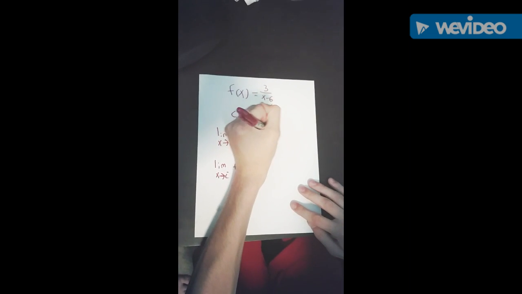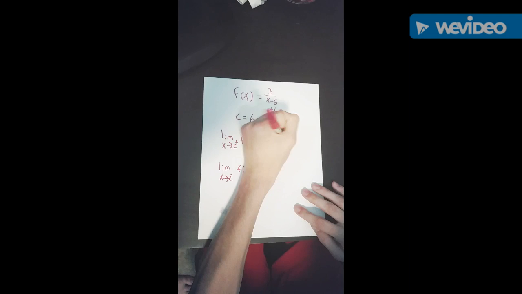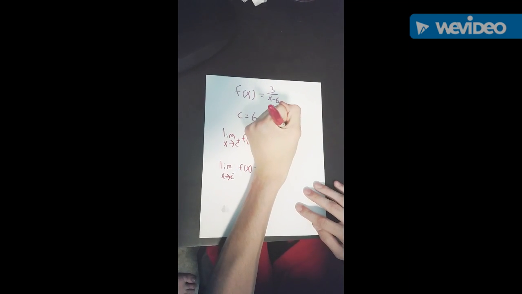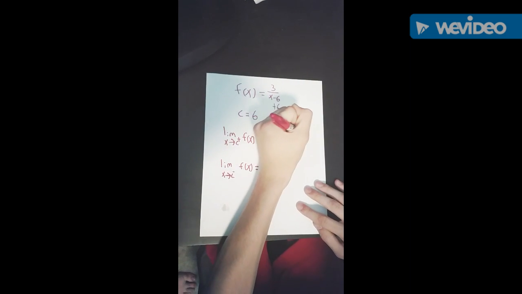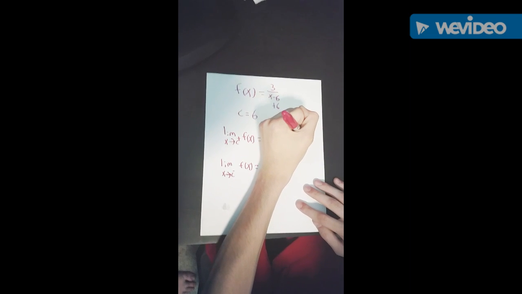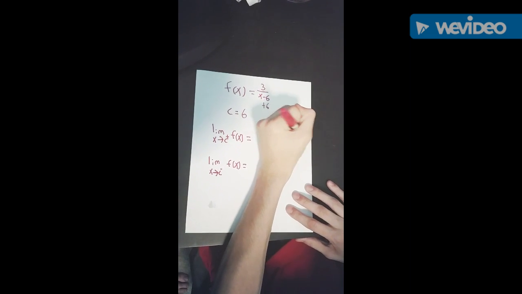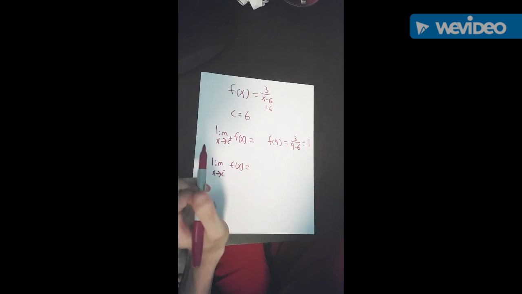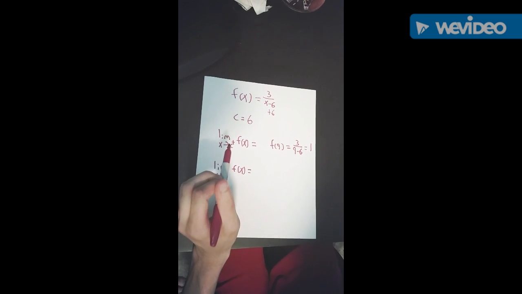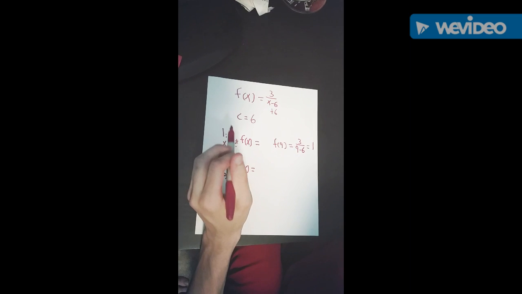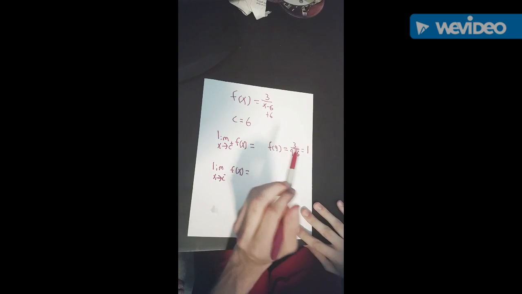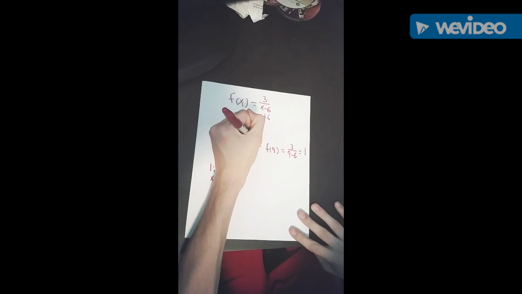So I would put f of 9, and then I would put 3 over 9 minus 6, which would equal 1. And if you get a positive number, the number would become infinity. If you get a negative number, it becomes negative infinity. So on this one we got positive, so it would be infinity.